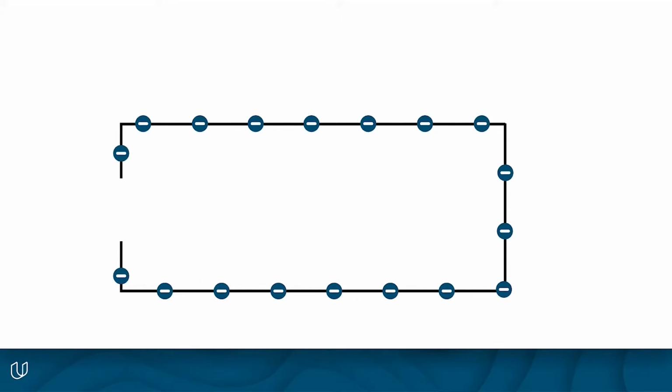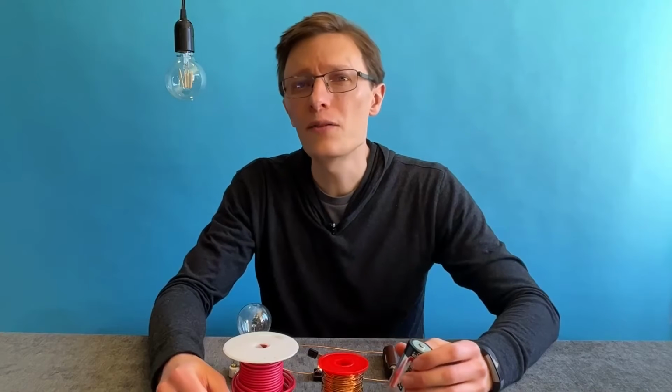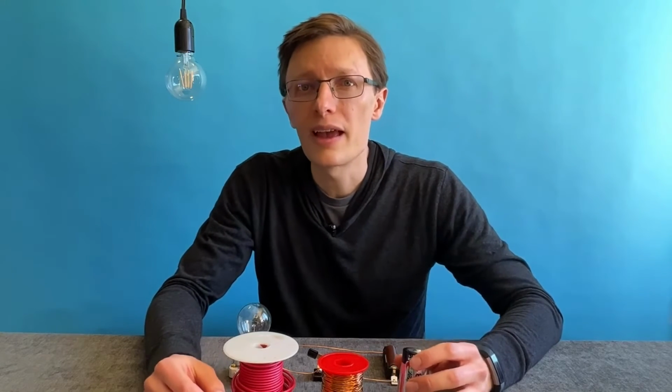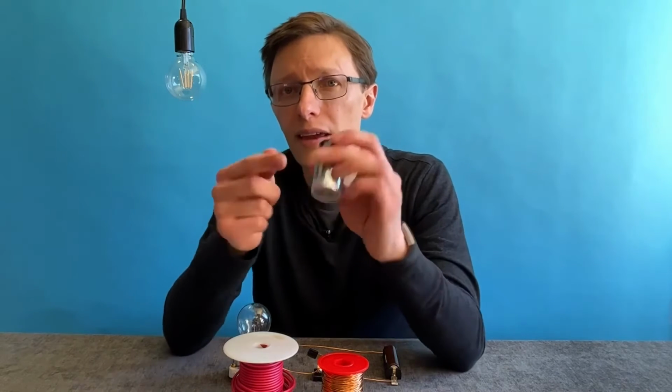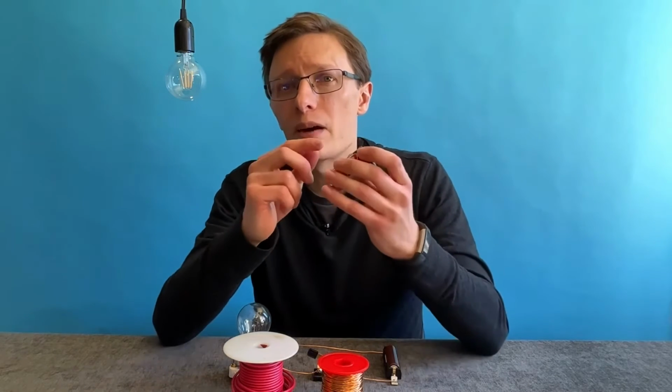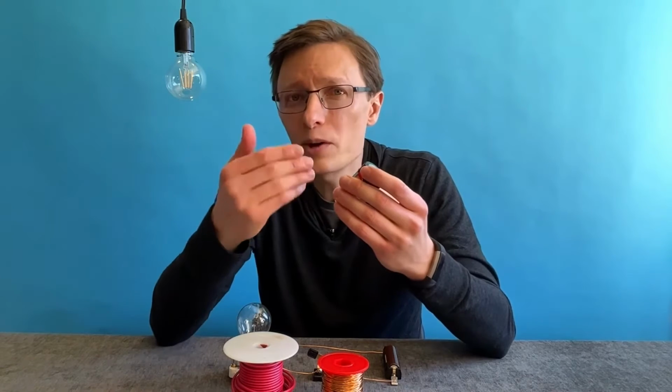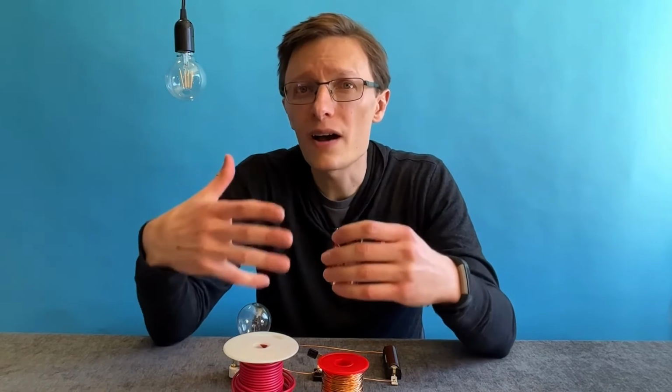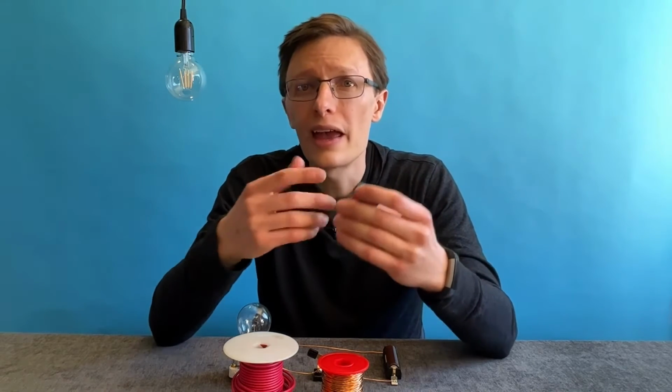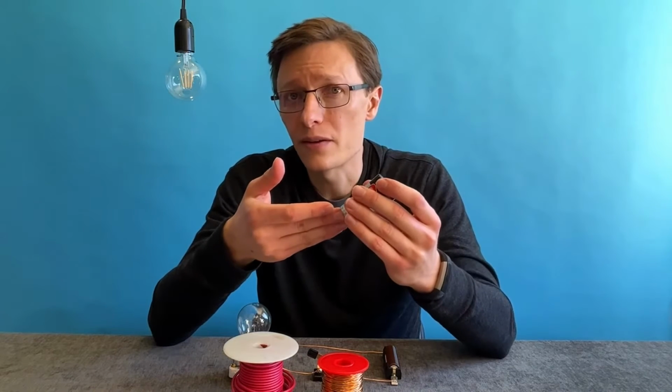To get them moving, we need to place a positive charge at one end of the wire and a negative charge at the other. And one way we can do that is by taking the two ends of our wire and connecting them to a battery. You've probably noticed that batteries have a positive end and a negative end. Now, inside the battery, there are chemical processes that collect positively charged particles at one end and negatively charged particles at the other.